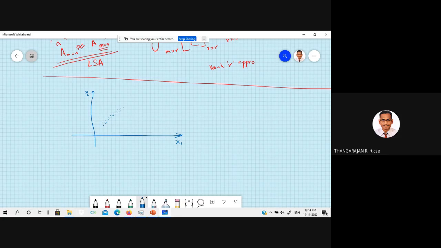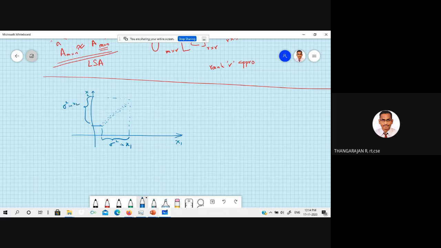Now, what is the variation in x1? The variation in x1 is this much. This is my variance in x1. What is my variance in x2? This is my variance in x2.